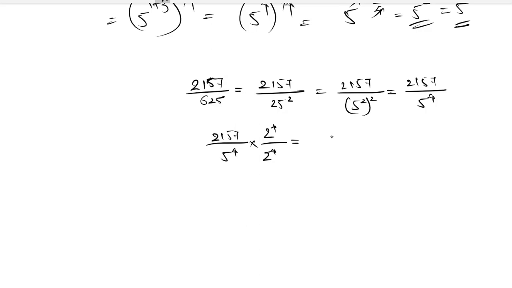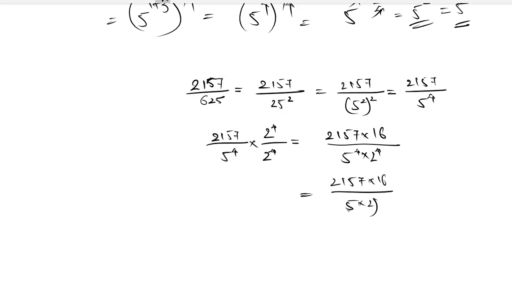Because you know what will happen? 2157 into what is 2 raised to 4? 16. The whole upon, you know what is 5 raised to 4 into 2 raised to 4? Let's solve this. It's kind of an exponents question. It will be 5 into 2 the whole raised to 4. That is 2157 into 16 the whole upon 10 raised to 4.